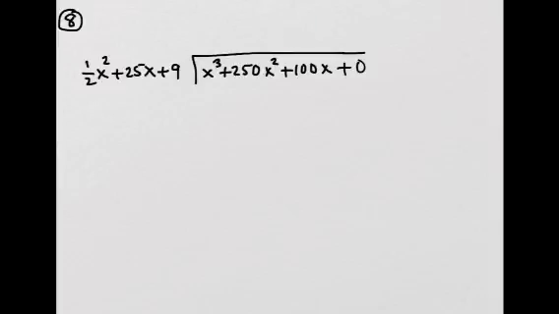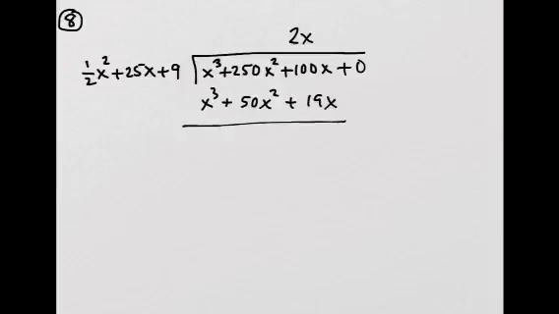Because 2x times 1/2 x squared gives you x cubed. The 1/2 times the 2 cancels out and gives you a 1. So now I'm going to multiply 2x times this, and so that gives me 2x times 1/2 x squared is x cubed. 2x times 25x gives me 50x squared. And 2x times 9 gives me 18x.